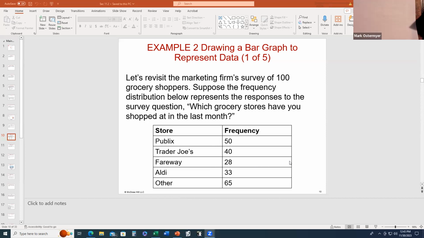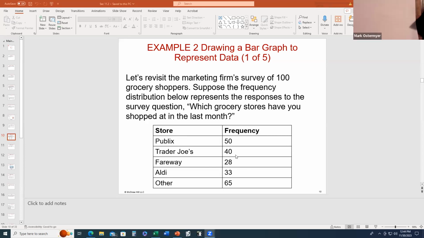All right, and so I have a question for you. Would this particular frequency distribution table be something that we could use to build a circle graph from, or not? No, I don't think so. Not at all.